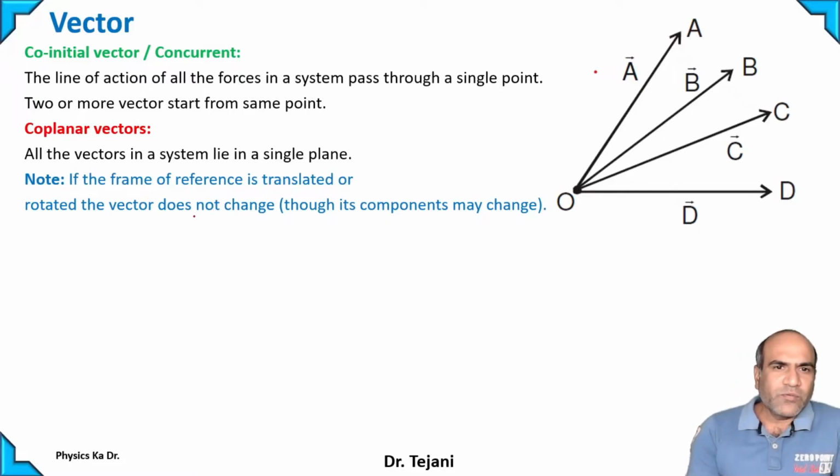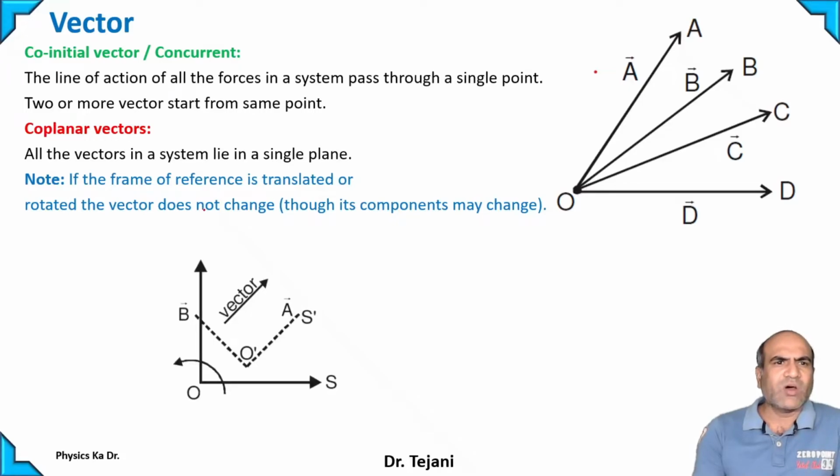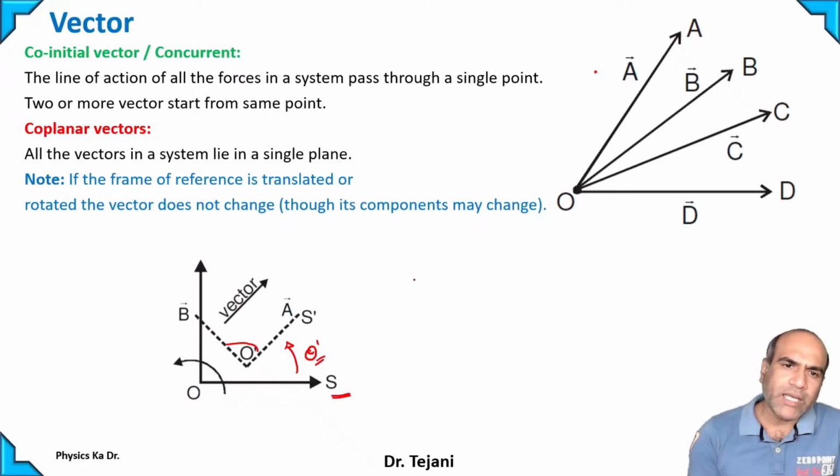Next, the vectors are not changed if the frame of reference is translated. That is specific, not for every case. Suppose initially this is S and this is B vector. If this entire system of vectors S and B is shifted to some other angle, S and B still have the similar angle that they had initially. Even if it is moved to some other angle, its properties remain constant.